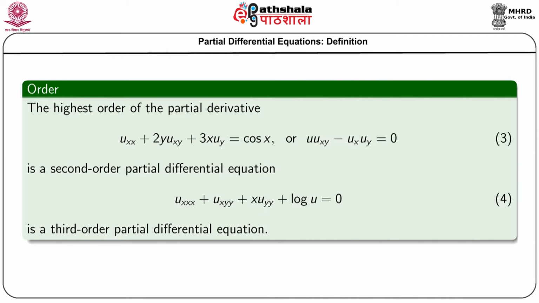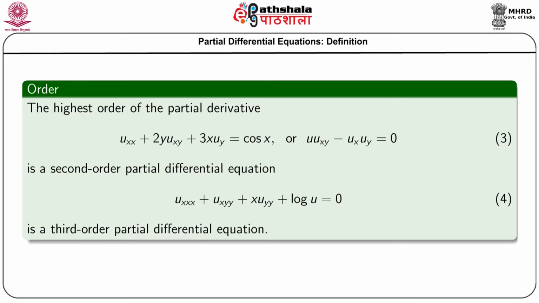Now, we want to define the order of a partial differential equation. The highest order derivative present in a partial differential equation is called the order of that differential equation. If you observe equation number 3, there are 2 equations. In the first equation, the highest order partial derivative is 2, and in the second equation, the highest order partial derivative is also 2.